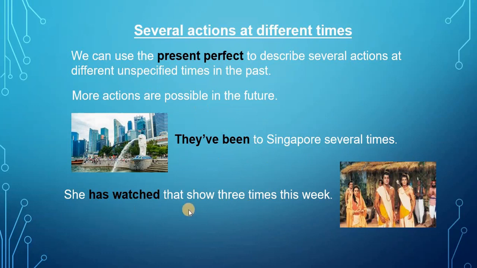She has watched that show 3 times this week. So, she has watched that show 3 times, and since more actions are possible in the future, maybe she has the intention of watching the 4th time, 5th time. It's not finished. So far in the past, she has watched the show 3 times.